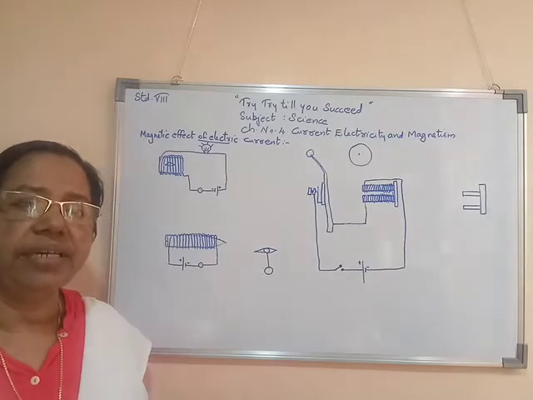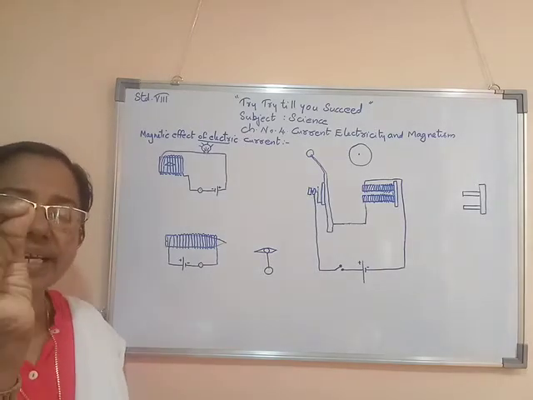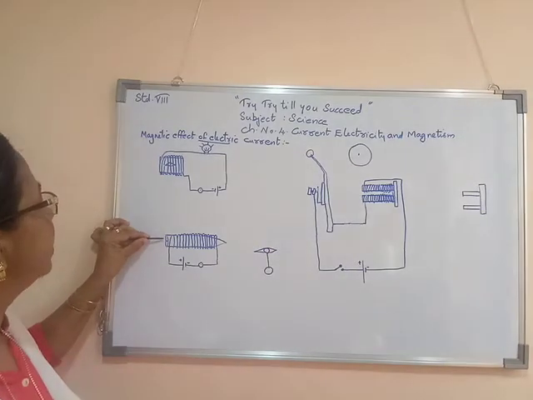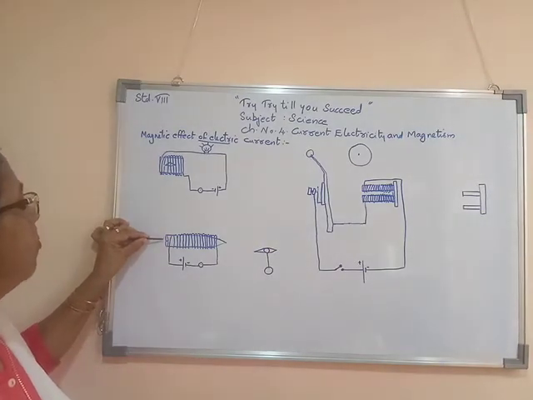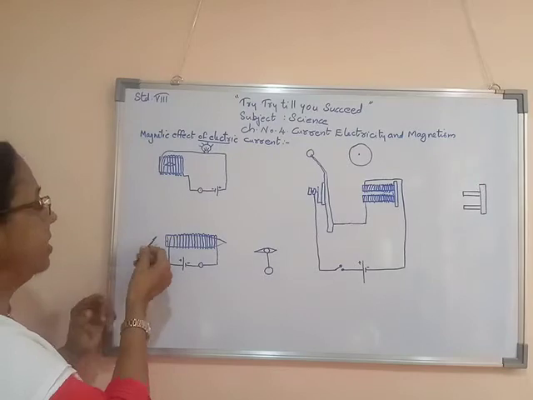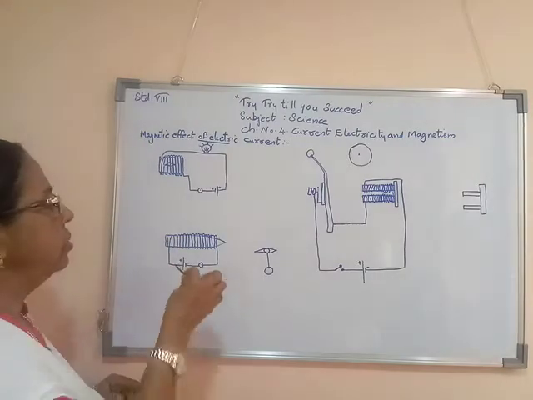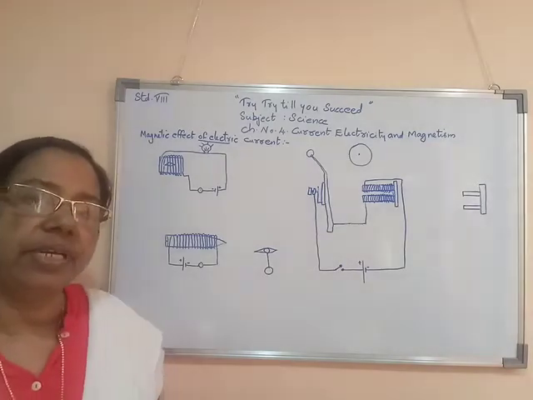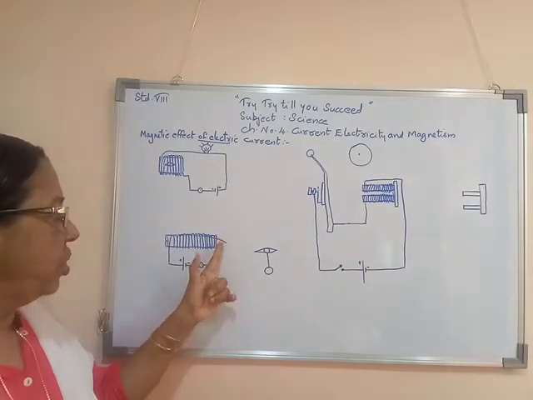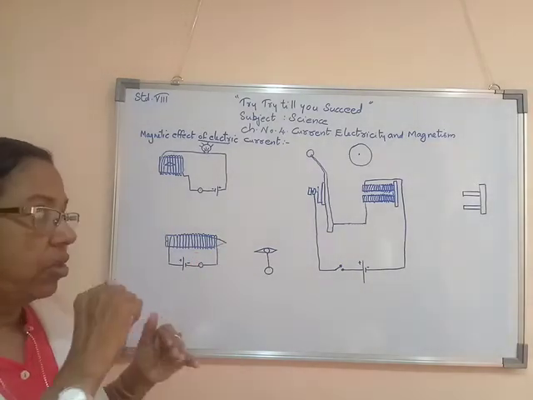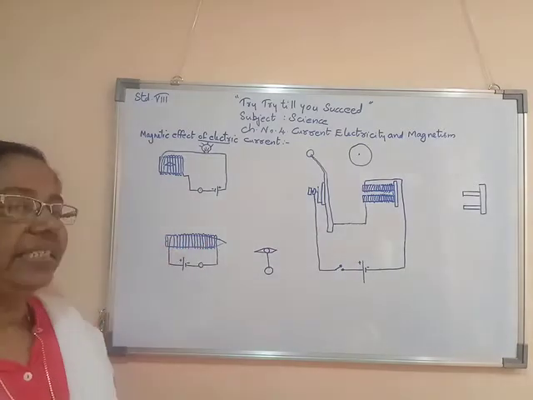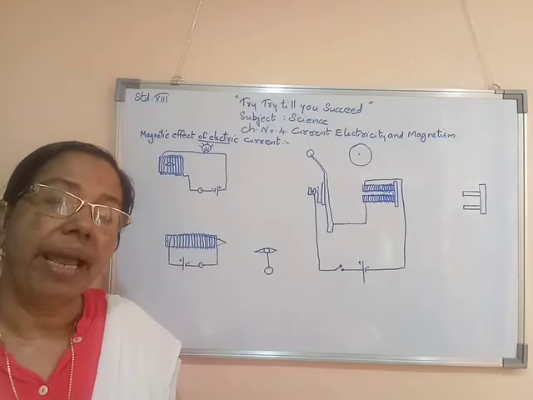As a result of it, if you show very thin pins at any one end of this nail, you can find that those things are attracting to the nail. So from this we can understand that the nail is not a magnet, but because of the flow of current through this wire, the nail is acting like a magnet.